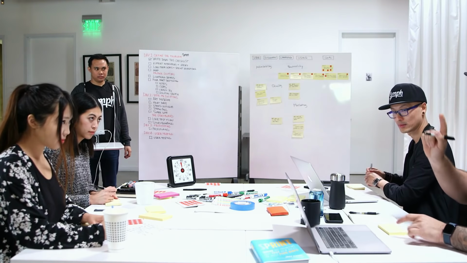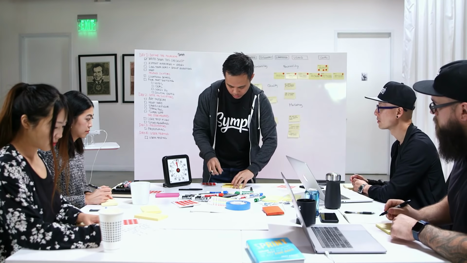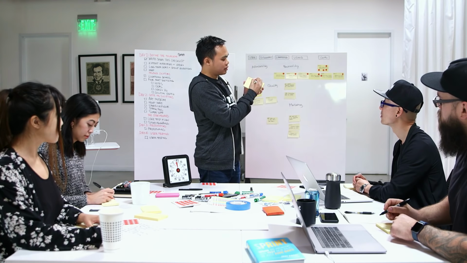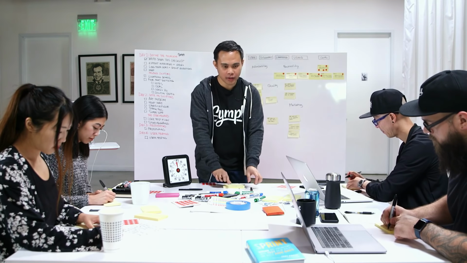Give us the prompt one more time. If all goes well in 2 years, how might your product look? Put it at the very top, so I would write it down like this: in 2 years, and then write it down. You can write more than one if you want.